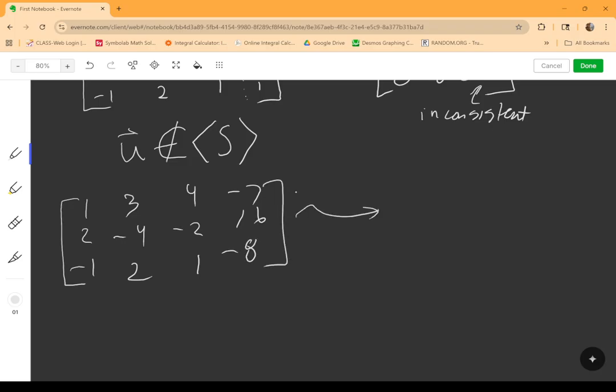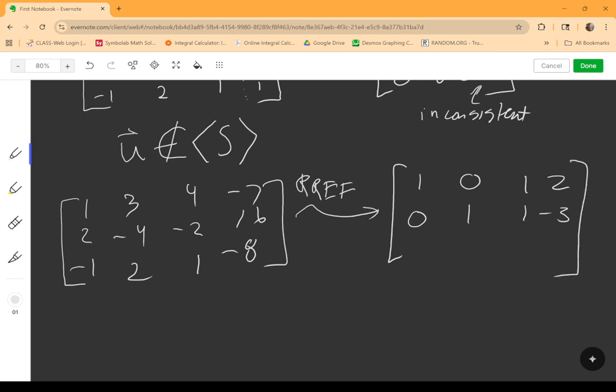Then I'll reduce this matrix to reduced row echelon form, and the result we get is 1, 0, 1, 2, 0, 1, 1, negative 3, and then 0, 0, 0.